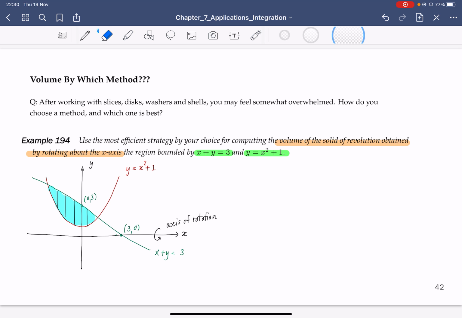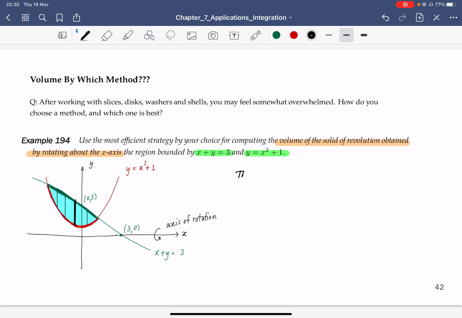Every time you're going to start from the red curve, which is y equal to x squared plus 1, and it goes to the green curve, which is x plus y equal to 3. The green one is going to be at the top and the red one at the bottom. You don't have to split the region.